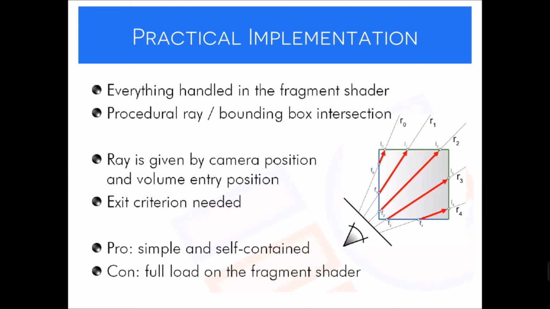Okay, so almost all volume renderers now, and you can do this on the CPU too, work like this. You put the volume in a box, put that object in a box.